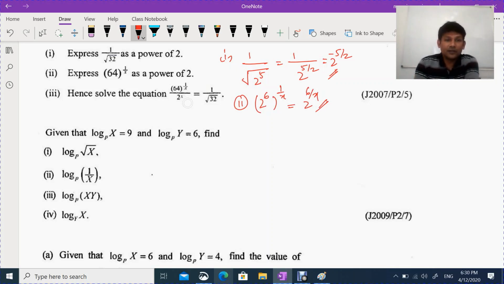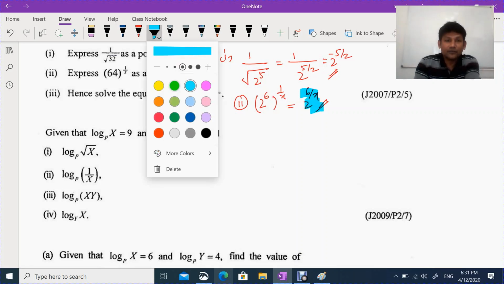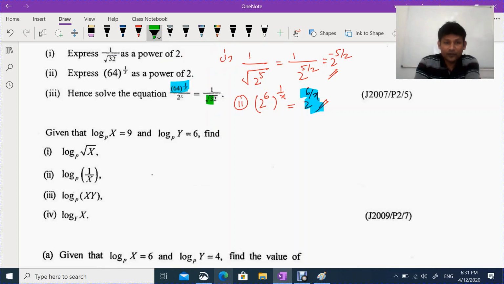This situation, hence, means we have to use the result of this. The result of 64 is here, and the result of under root 32 is here. I have to use the same result. This is the way, actually. So what I have to do here, I am solving here.